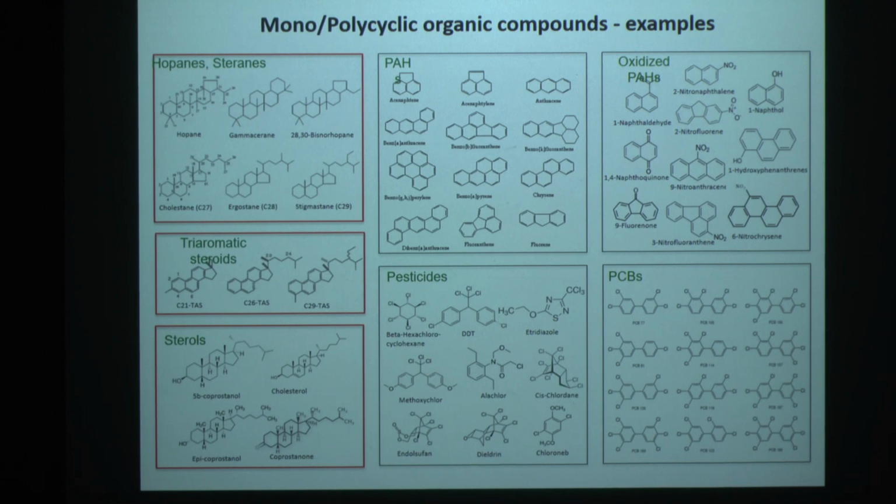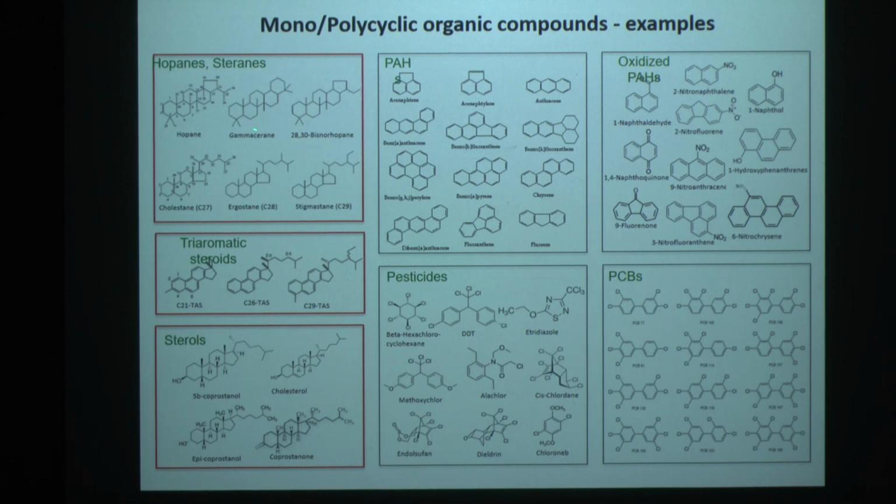For example, the degradation of cholesterol in the gut of large animals by bacteria can produce other sterols like the one shown here. Therefore, this compound group can be used as an indicator of anthropogenic influences or contamination of coastal environments through sewage. Also, hopanes and sterenes can be used to trace organic matter from microalgae and bacteria.